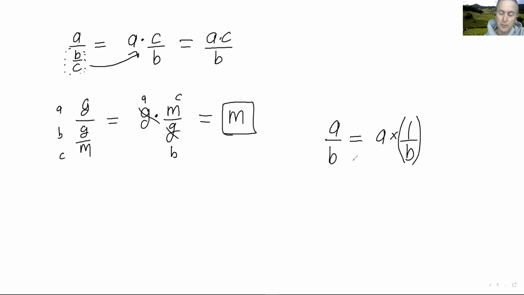And you can show that this is true by showing that we could write this as A over 1 times 1 over B, and then you're going to get A times 1 over B times 1. So those cancel and get A over B, right? Anyway, this is what's going on in the way they've done it.